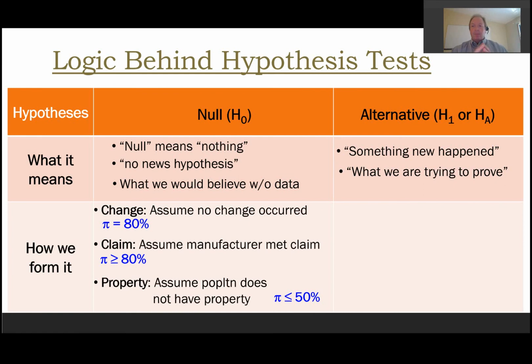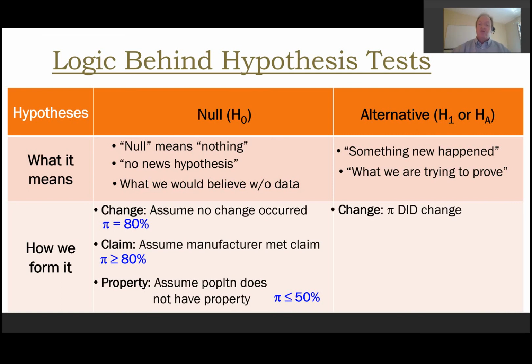If you read old statistics articles, they used to refer to the alternative hypothesis as the research hypothesis. And that's actually a much better term. And the reason why is because it's the research question you're trying to prove. Okay?